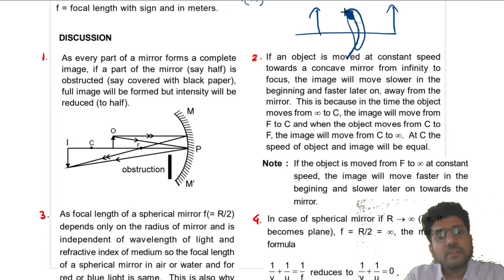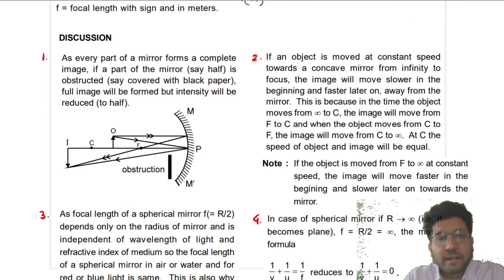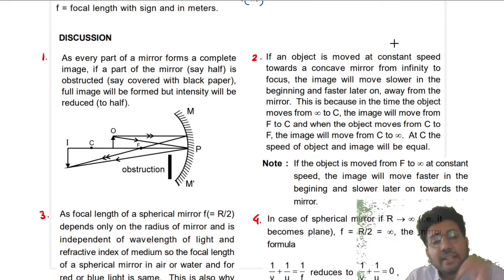So if you cut it or obstruct it, the image will remain the same. It will not get distorted or shortened. So if you obstruct one part, then the image will be full, but the intensity will decrease.